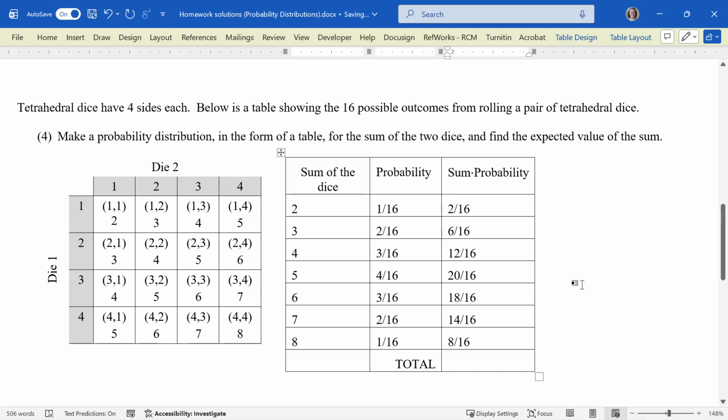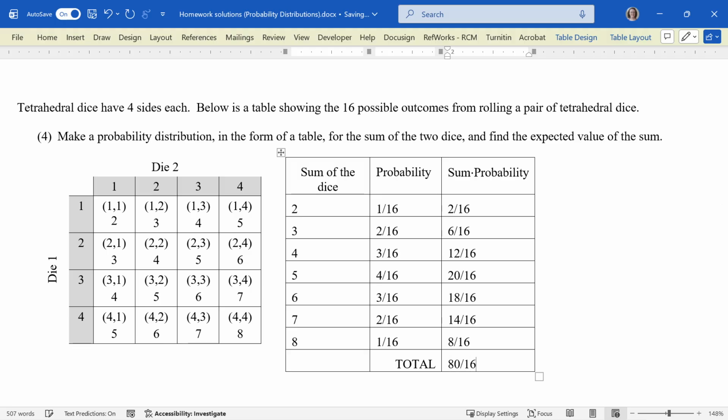We're kind of getting to the point where you might like to have a calculator, but I think I can still do this. Okay, so 2 plus 6 is 8, plus 12 is 20, plus 20 is 40, plus 18 is 58, plus 14 is 72, and then plus 8 is 80. I think I did it right.